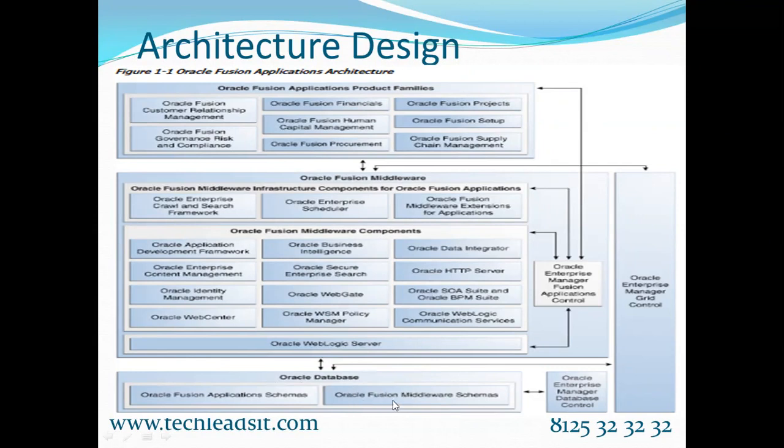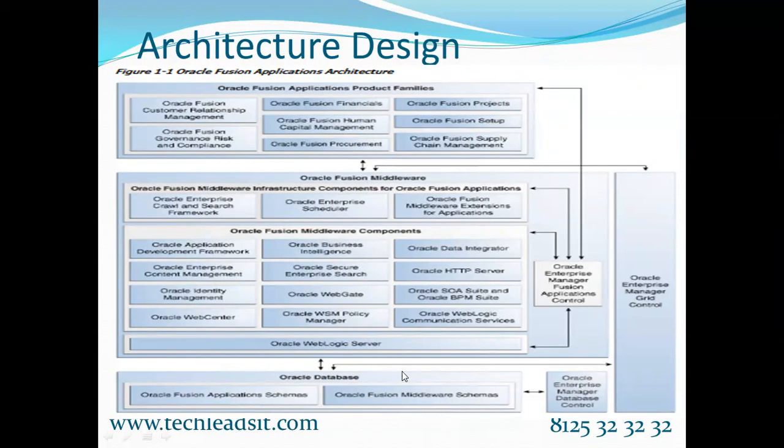Here we have Oracle Fusion middleware schemas as well as the Oracle Fusion application schema. The Fusion application schema is integrated with our Fusion product families. If you are going to deploy any custom applications, there we use the Oracle Fusion middleware schemas. At that moment, the Fusion middleware schemas come into the picture.